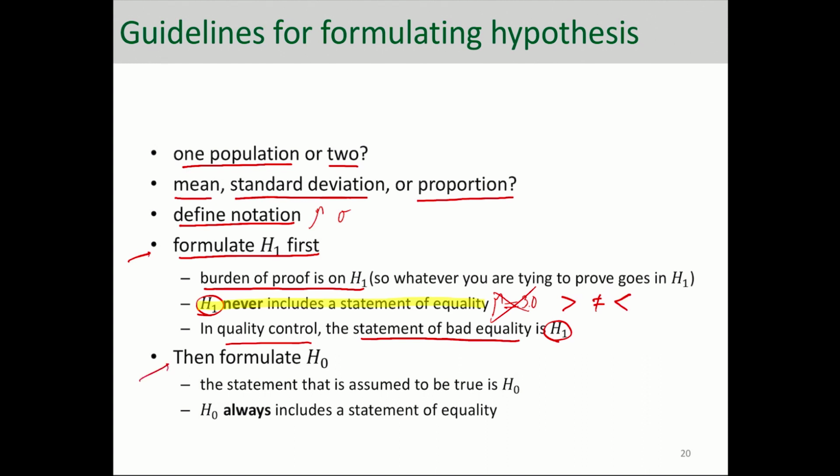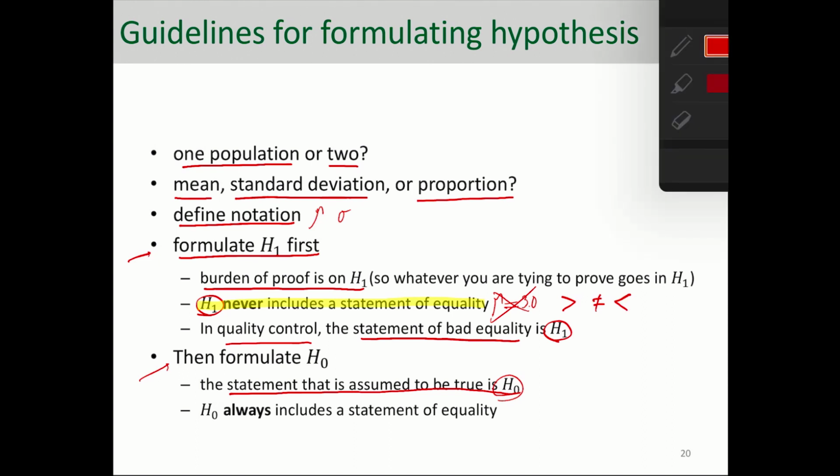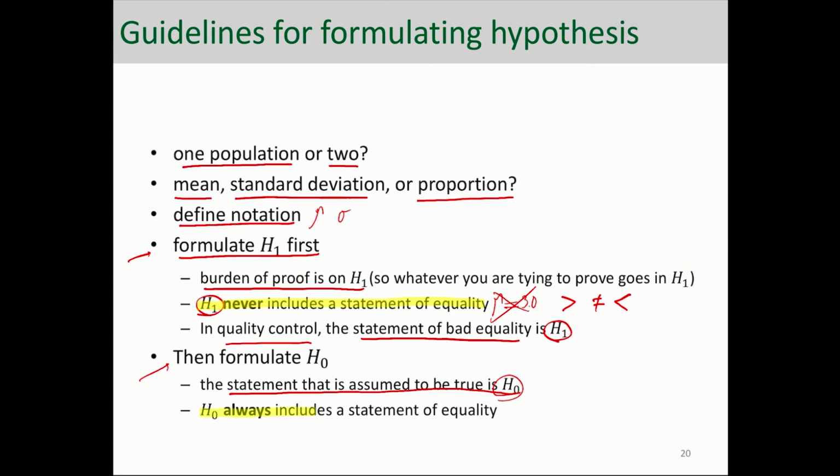Then you formulate your null hypothesis, and this statement is assumed to be true. The premise of your hypothesis testing is that H naught, the null hypothesis, is assumed to be true. Now let's see if we can find enough evidence to reject that. And again, this is another very important point and point of mistake: H naught always has a statement of equality.